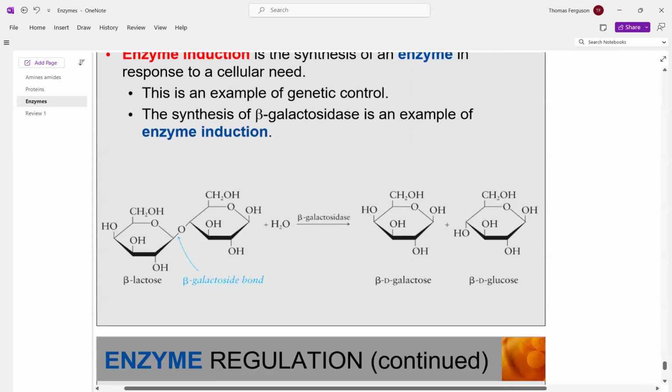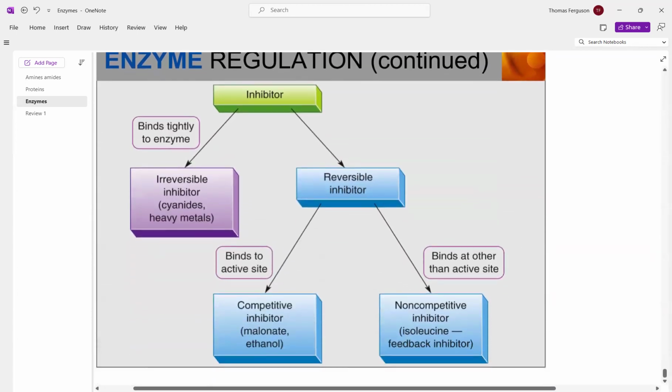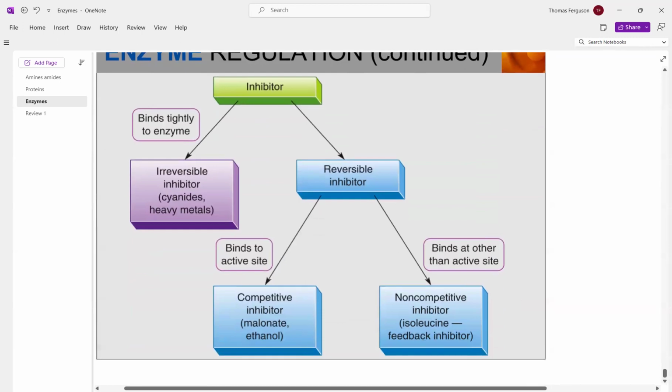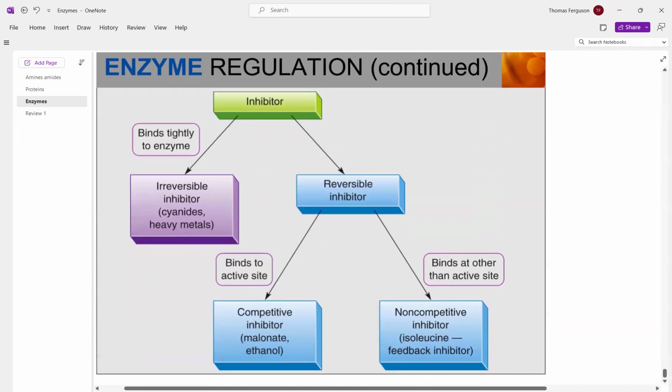Now, all these examples, you don't have to memorize. They're just examples. You have to memorize the processes, though. As far as enzyme inhibitors go, there are irreversible ones, where it's dead in the water and kills the reaction.